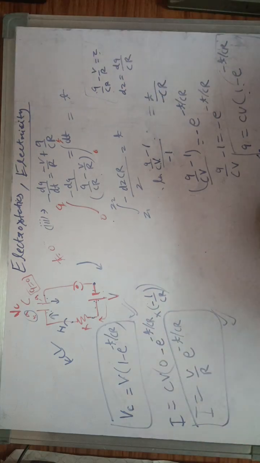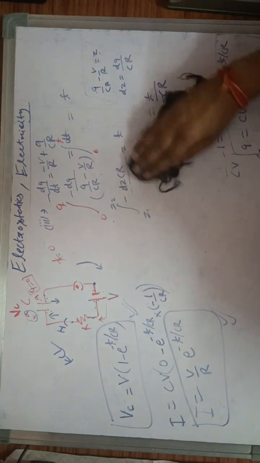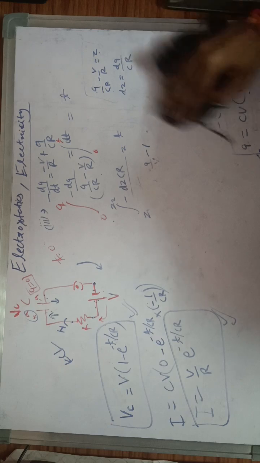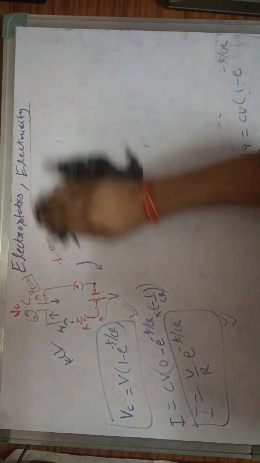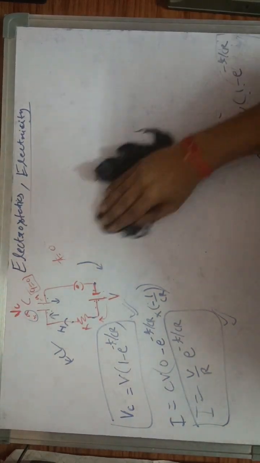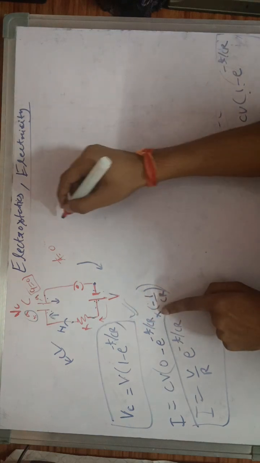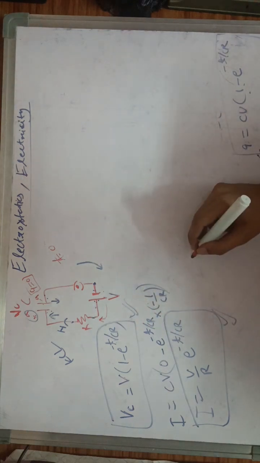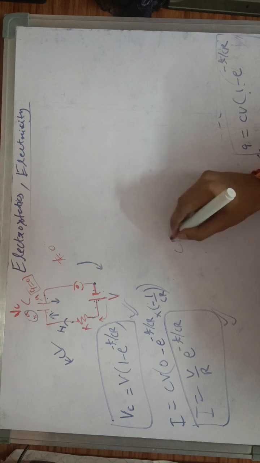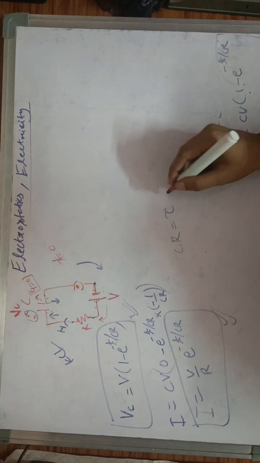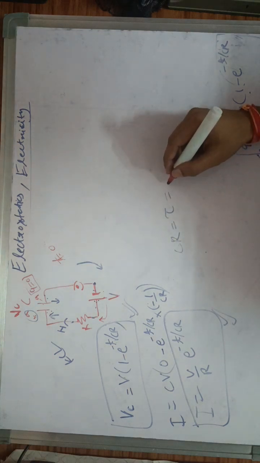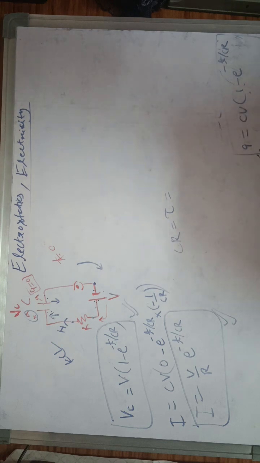Now these are the formulas for charge, current and potential difference. Now if a circuit is complicated, let's say, this CR here can also be written as tau.